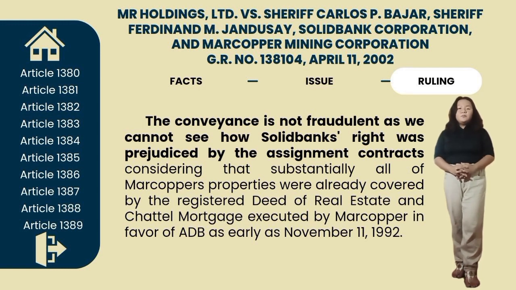It is basic that mortgaged property answers primarily for the mortgage credit, not for the judgment credit of the mortgagor's unsecured creditor. Considering that the petitioner assumed Marcopper's debt to ADB, it follows that Solid Bank's right as judgment creditor over the subject properties must give way to that of the former.